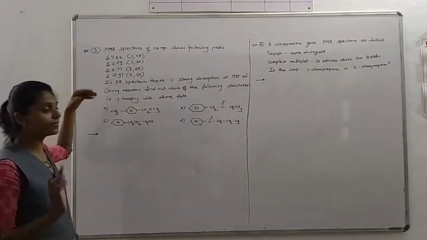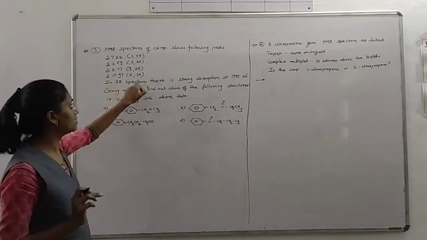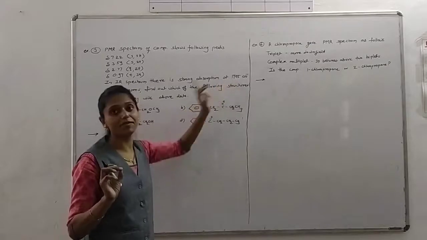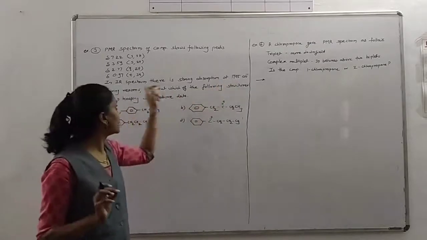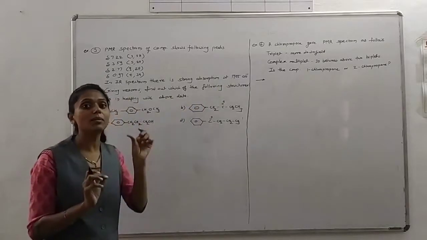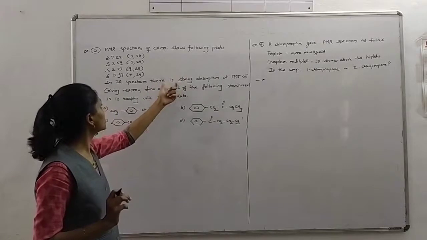Here 4 signals have been obtained, and given the data, in the IR spectrum there is a strong absorption at 1705. This IR value 1705 is in the double bond region. Which double bond is possible?